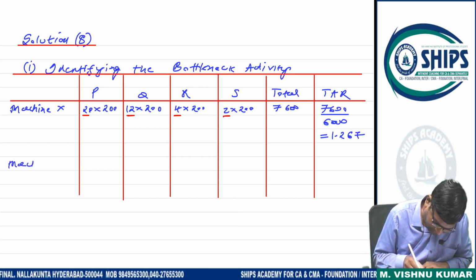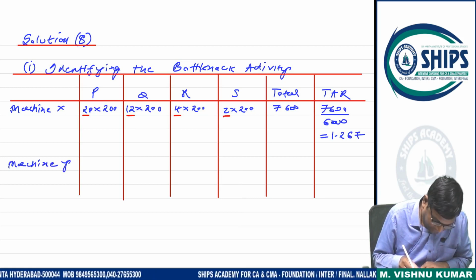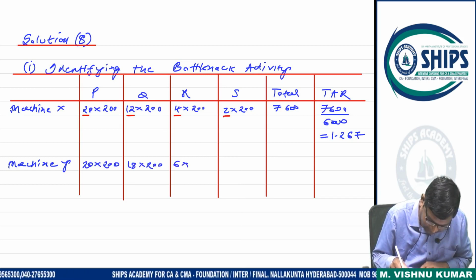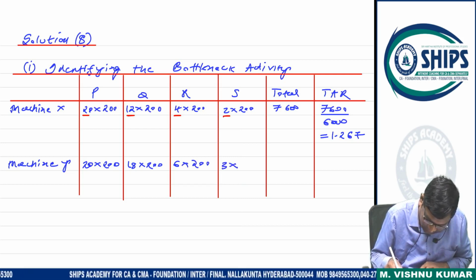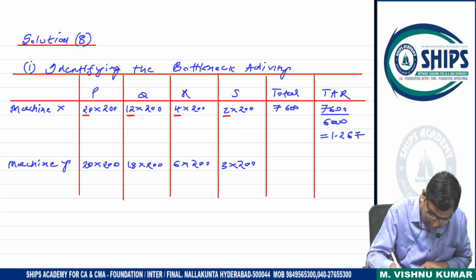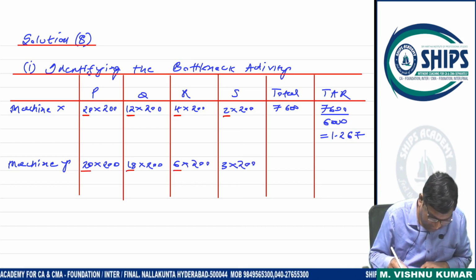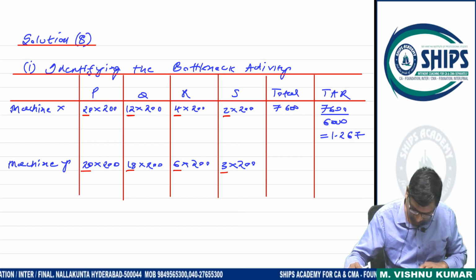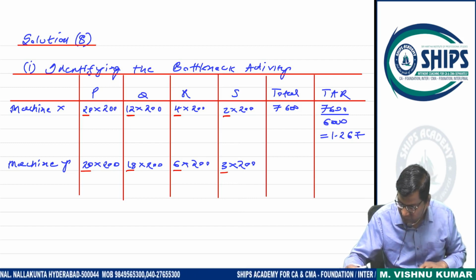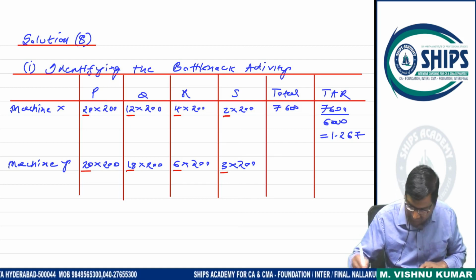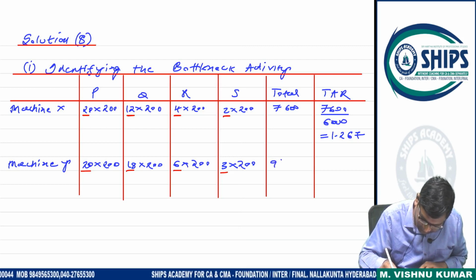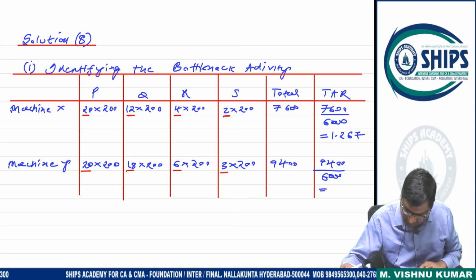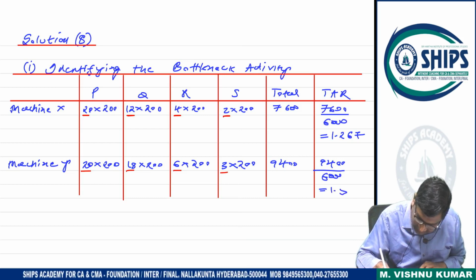Next, machine Y. 20, 18, 6, 3. Add this, into 200, 9,400. Divided by 6,000, 1.56. Check this calculation.